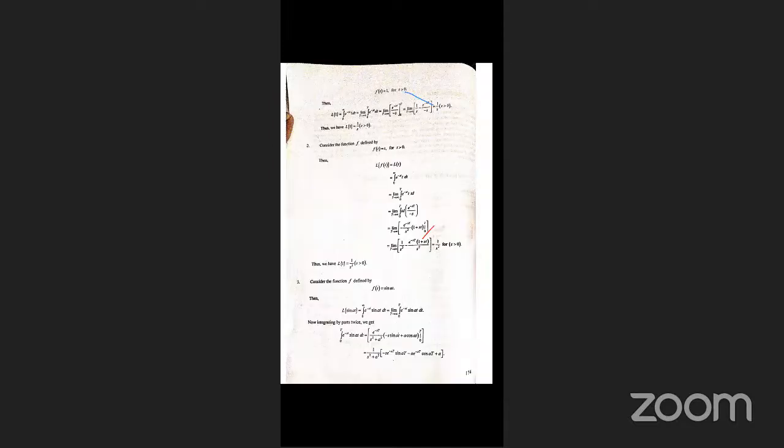Here the formulas are important, and after getting them we just substitute infinity. In place of t, we substitute infinity, and we get the Laplace transformation of the given functions.